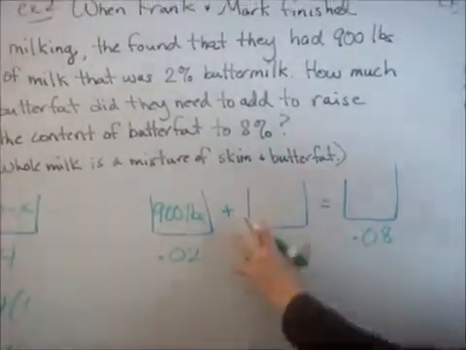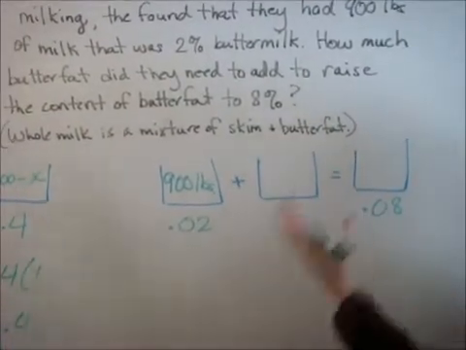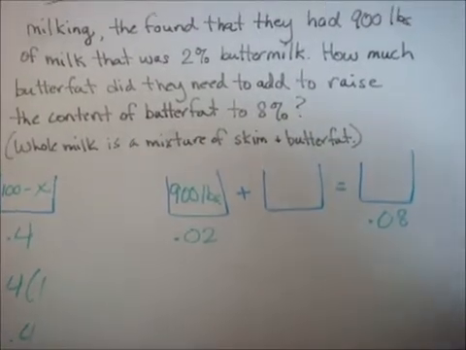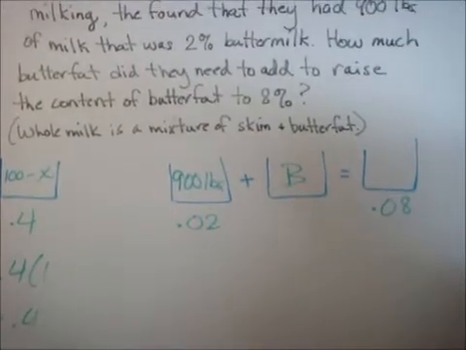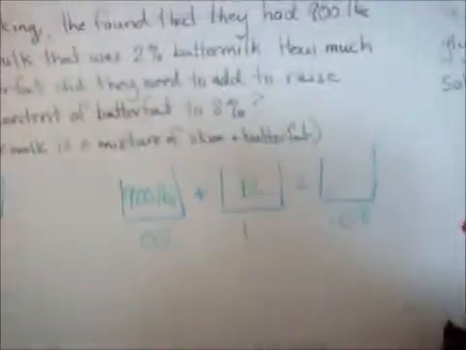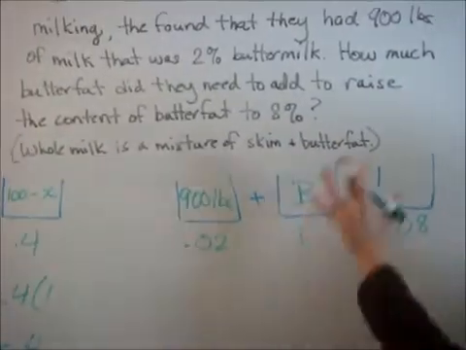So we're adding pure butter fat to our skim milk to get it to 8%. So it's going to be 100% butter fat. So let's call this B for butter fat. We're adding 100% butter fat, so our percentage is going to be 1. In order to get it up to 8%, we need to add pure butter fat.